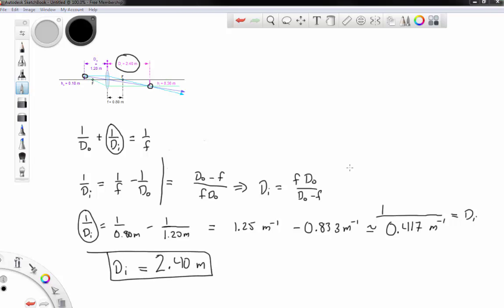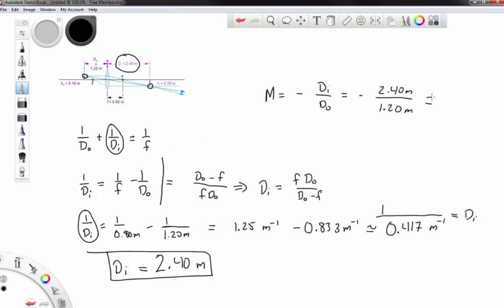Our next step actually is that now we need to know what kind of an image is it going to be. So we use this magnification equation that says it should be negative di over do, and so that's negative of 2.4 meters divided by 1.20 meters, because 2.4 was our di, 1.2 was our do.